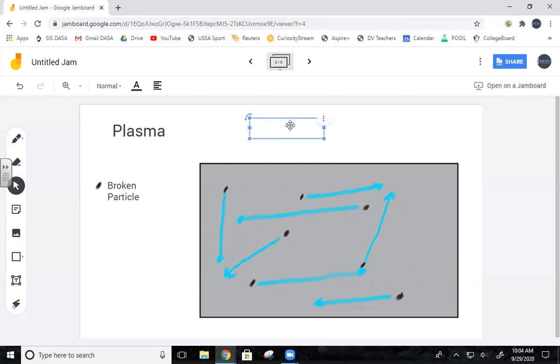But we're not going to deal with plasma, at least not in this class. The only time you would ever be working with plasma is if you become a nuclear physicist specializing in fusion.